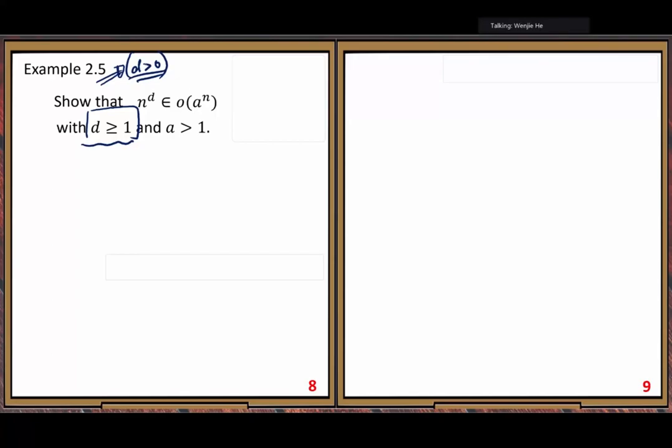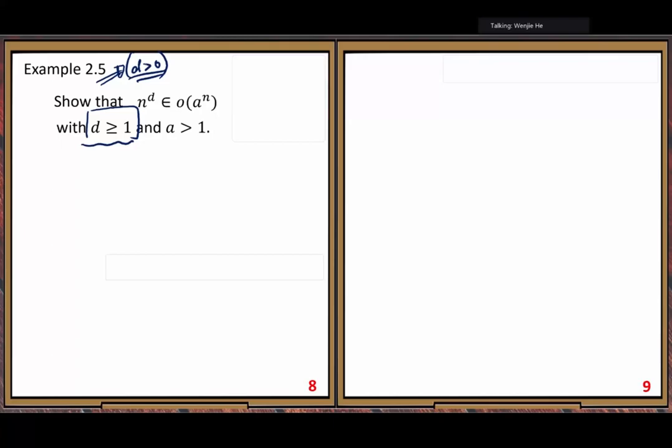To solve this problem, we need to take the limit, the little o limit. When we take the limit, we plan to apply L'Hopital's rule.